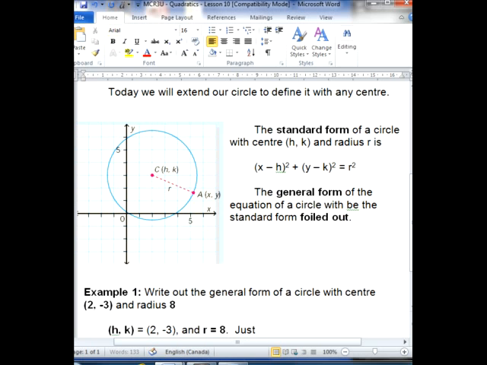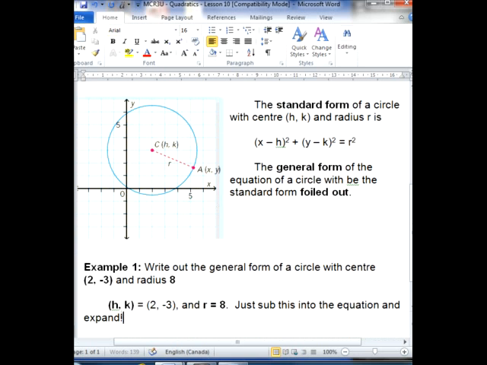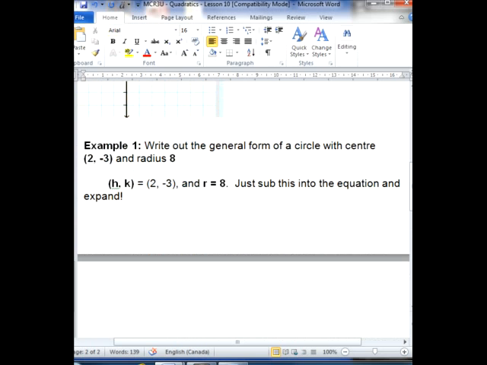So we will just sub this into the equation and expand. Just like the vertex form of a parabola, the standard form of a circle is going to be x minus h and y minus k, meaning that the variables are switched up.